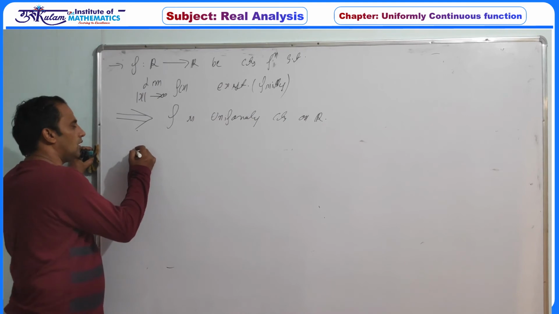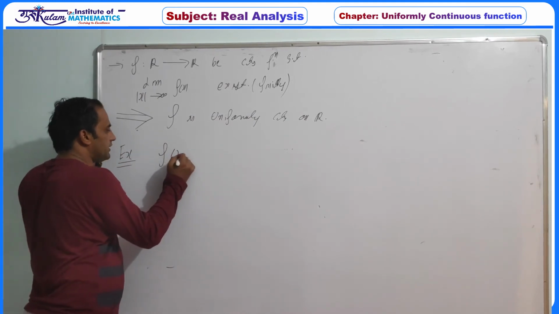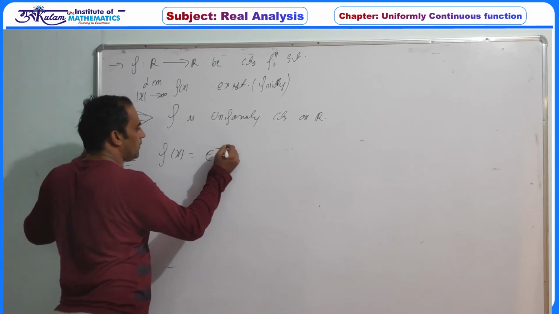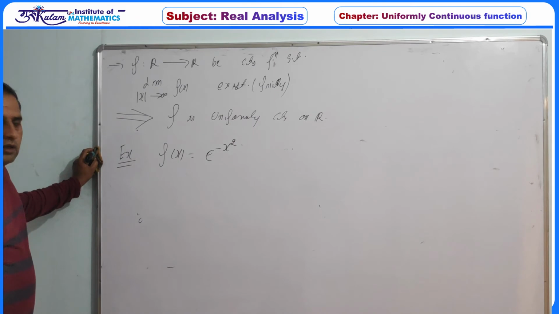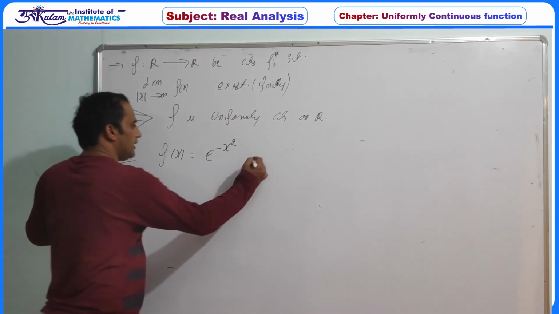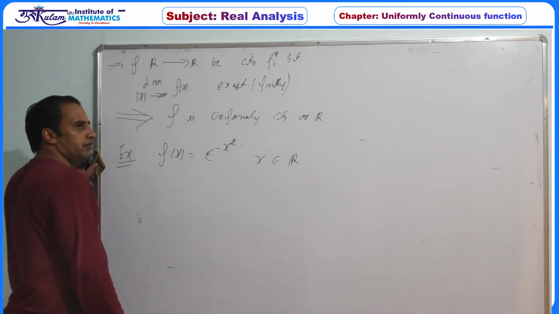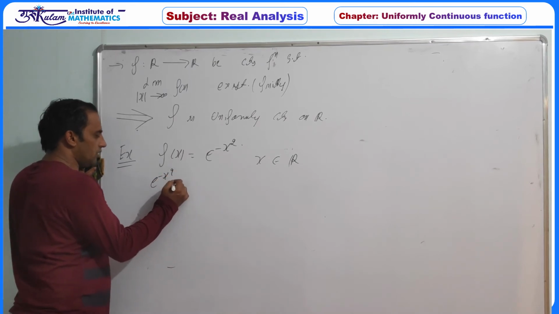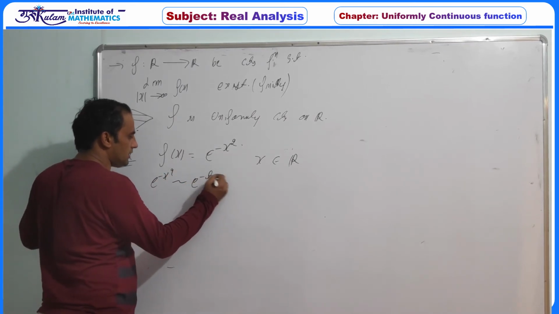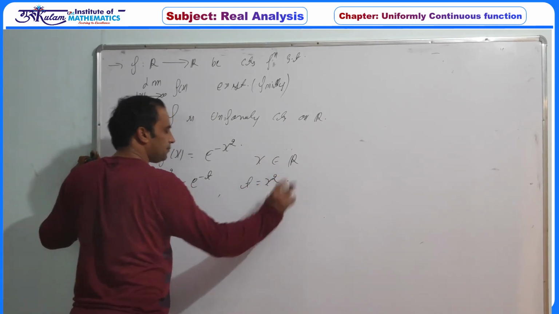So if f of x is continuous and its limits at infinity and minus infinity exist, then it must be uniformly continuous on R. For example, if we pick f of x equal to e to the power minus x square, with x belonging to R. Then geometrically, e to the power minus x square is the same as e to the power minus t, where t is equal to x square.